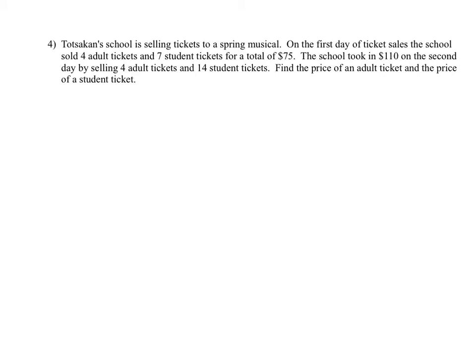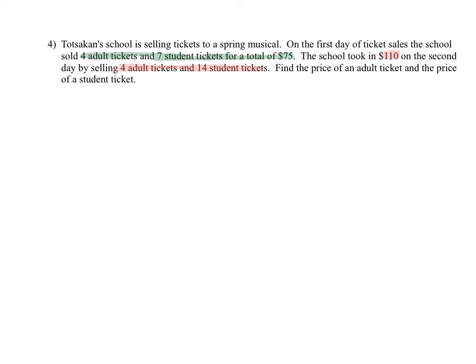A school is selling tickets to a spring musical. On the first day of ticket sales, the school sold 4 adult tickets and 7 student tickets for a total of $75. The school took in $110 on the second day by selling 4 adult tickets and 14 student tickets. Find the price of an adult ticket and the price of a student ticket. Again, start by defining our variables.